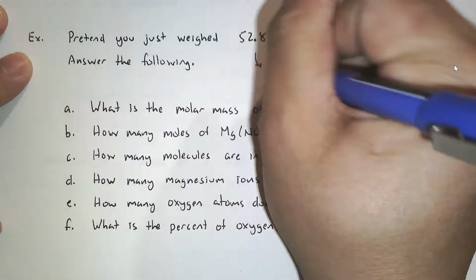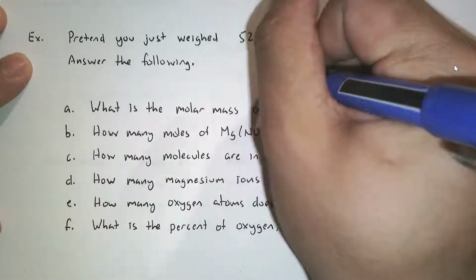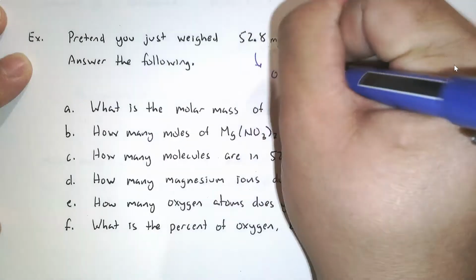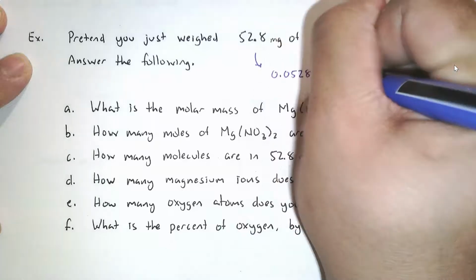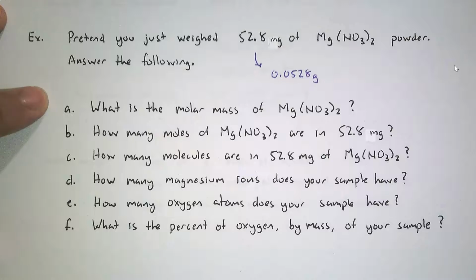This is the same as, moving the decimal point 3 times to the left, 0.0528 grams. This is going to be a little bit scary for me because I didn't do the calculations beforehand. I'm doing these cold, so if I make a mistake, just let me know. Anyway, these are the problems, A through F.